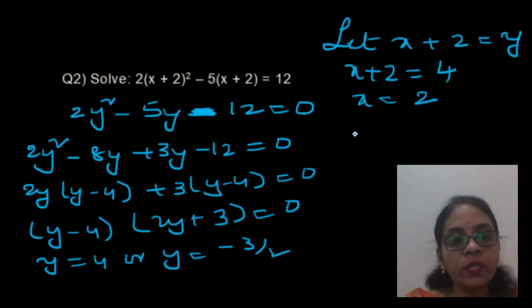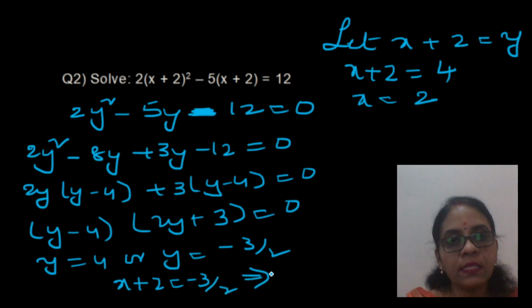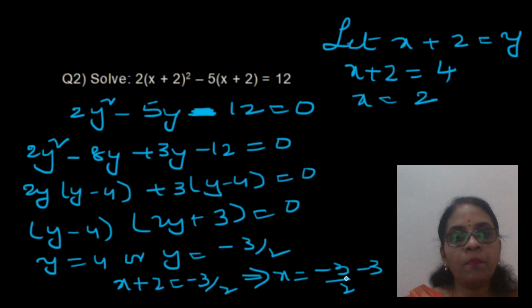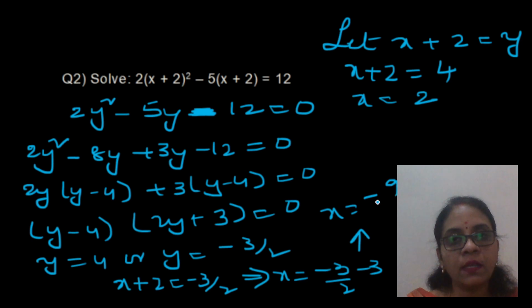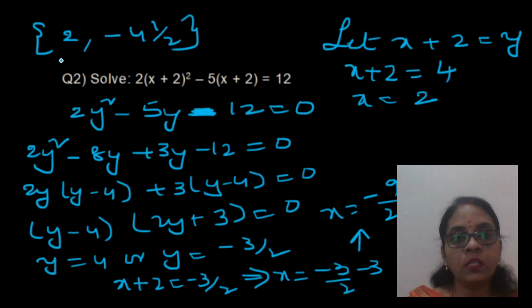And if x plus 2 is minus 3 by 2, x is equal to minus 3 by 2 minus 2... minus 3 by 2 minus 3 becomes how much, children? 6 minus 3, minus 6 minus 3 is minus 9 by 2. So the solution set is 2 comma minus 4 1 by 2. This is the solution set for this particular quadratic equation.